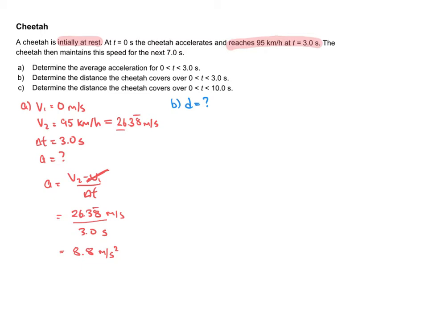So it's just going forward, so direction does not really make a big difference here. All right, so I need the formula that's got the displacement and the V1 and the V2 and the time. So that formula looks like this. These are all formulas on the formula sheet.